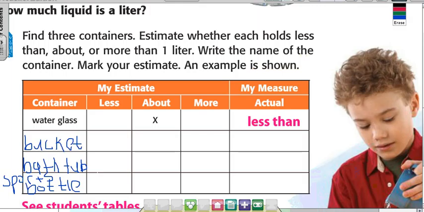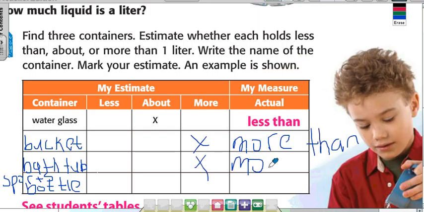I'm going to put more than a liter, because I'm going to assume it's a big bucket. The bathtub, I would say that's more than a liter, and actually it is more than a liter. A sports bottle, it depends. I would say maybe less than a liter.